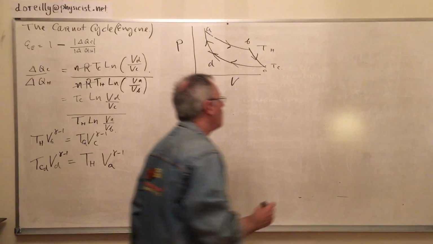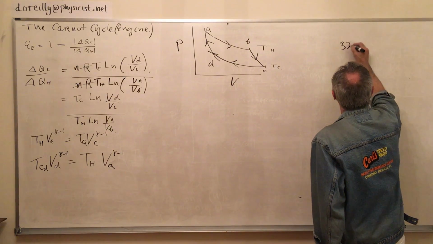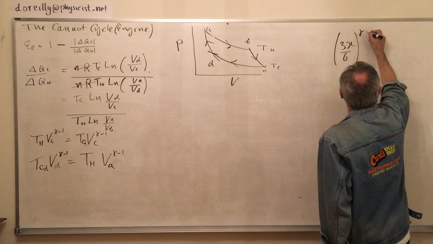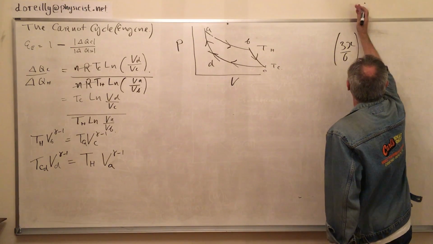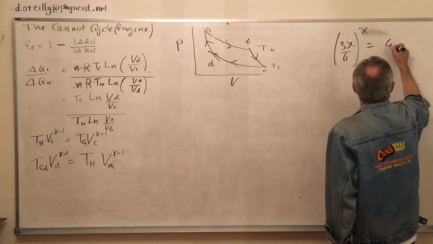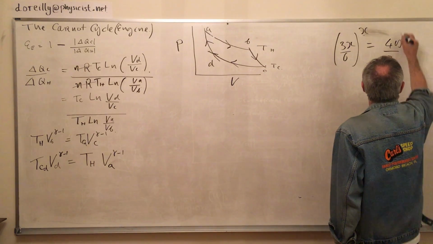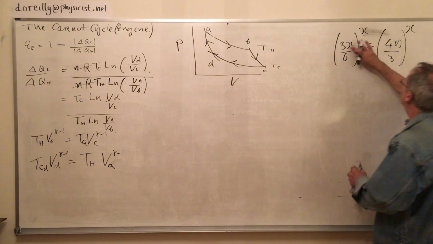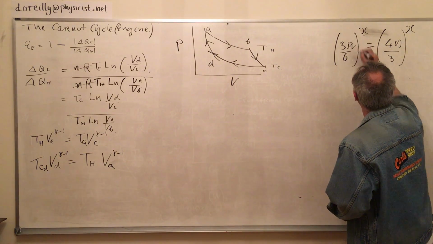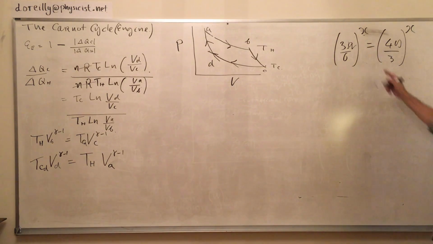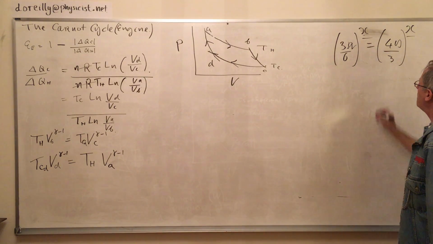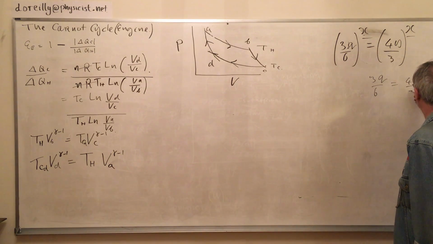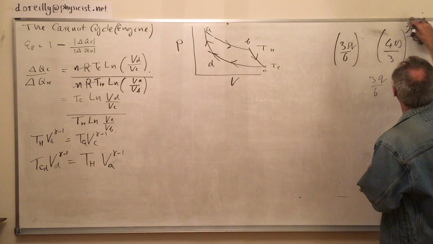Now I'm going to note the following. No, I'll write it a different way. We have a situation like that. Both are to the power of x, so I can eliminate that whole thing.